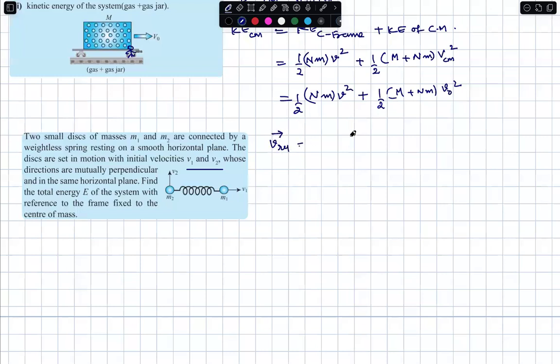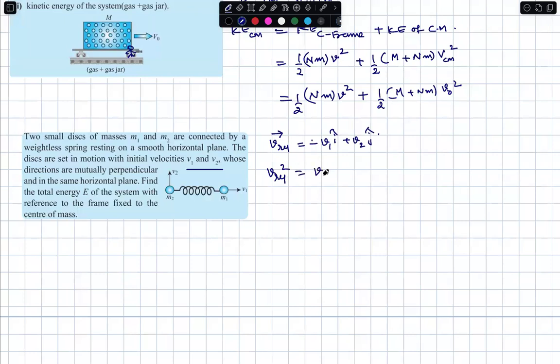V relative is nothing but minus, meaning we take one of them with respect to the other. It is nothing but minus V1 i cap plus V2 j cap. So what is V relative square?